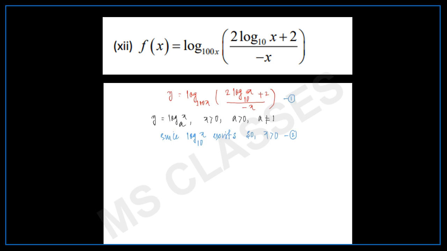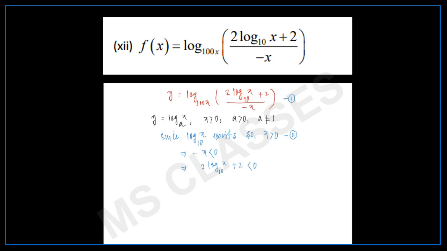Now, x greater than 0 implies minus x less than 0. Minus x less than 0 means the denominator is less than 0. So this numerator should be less than 0. Otherwise, this log will not be defined. So this implies 2 log x base 10 plus 2 less than 0.